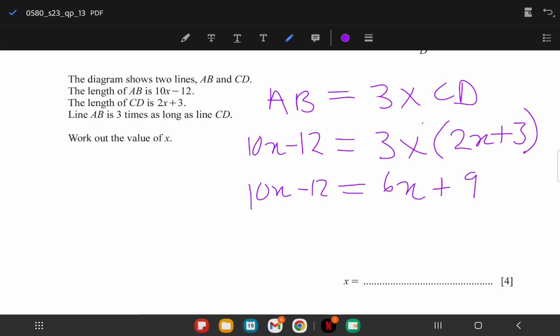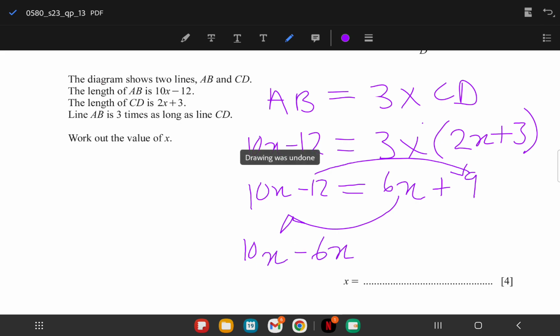Then I'm going to group the like terms together, all the x's on one side and all the numbers on the other side. So this 6x is going to come this side and this 12 is going to go that side. So I'm going to have 10x minus 6x is equal to 9 plus 12.